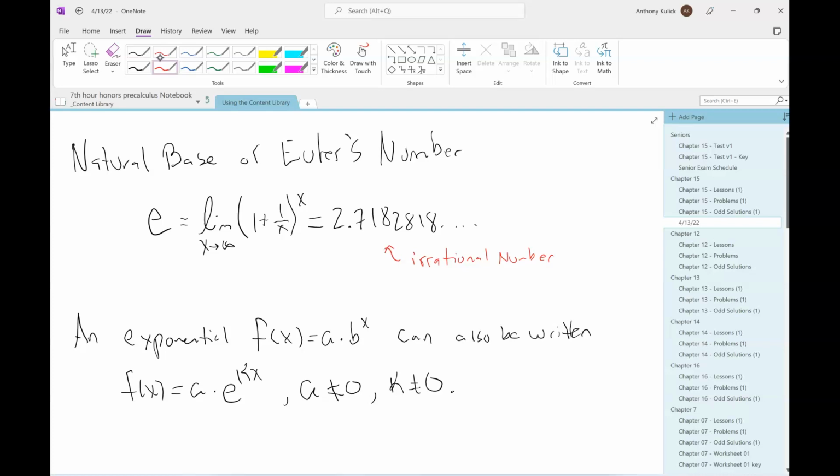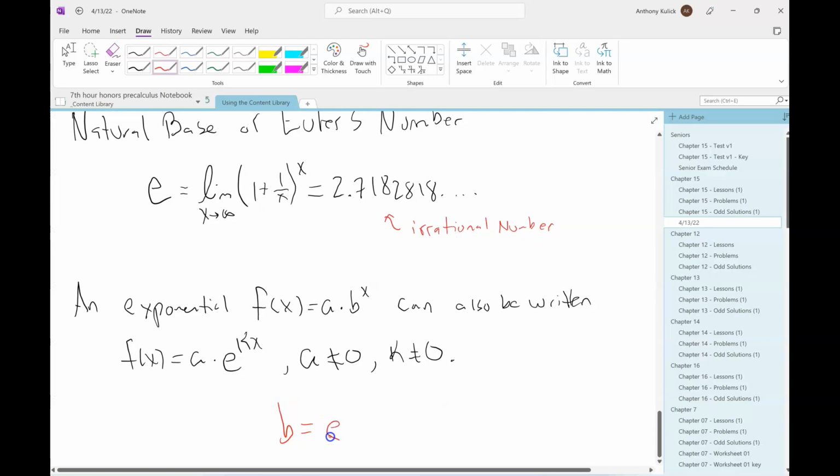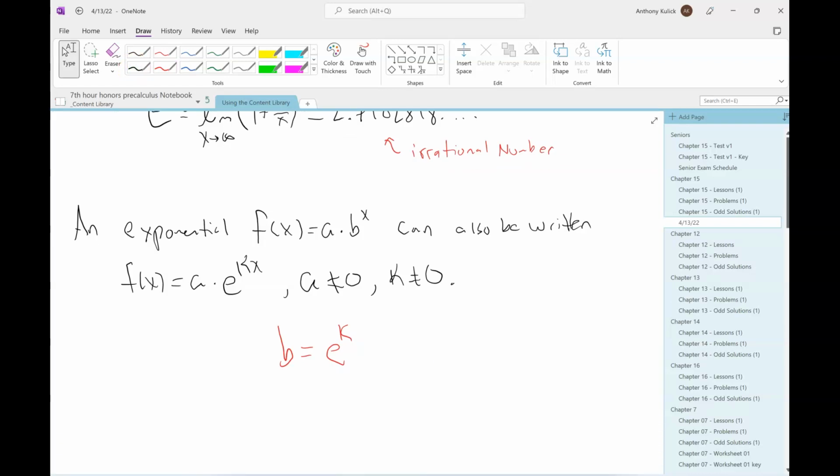Now notice here that we haven't included how we're going to do this transformation, simply that we can do it. We'll talk about how we do it later. The takeaway here, though, is that if those two things are equivalent, b is going to have to equal e to the k. Everybody feel cool with that? So that's the big takeaway right there, is that essentially e to the k is going to be the base of our exponential. Everybody see that?